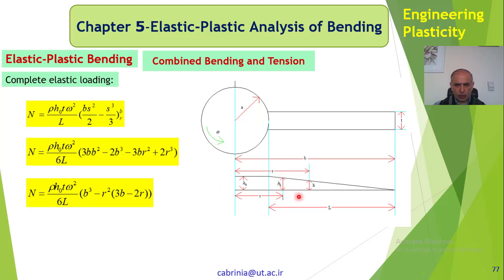If I put R as something like that, I get another section. So this formula or equation gives me the normal force at any section from here to there. For instance, for this section I can put R equal to that value and get the normal force. So that's the normal force on any section of this blade.